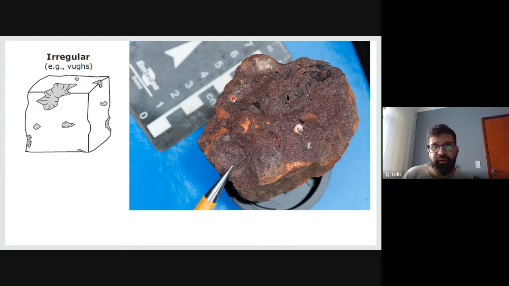Another kind of void that is very important is the irregular void, like these ones. They are formed by weathering, so they are very common in C horizons or horizons that were cemented by iron or calcium carbonate or another cementing agent, and they express incipient weathering, the beginning of weathering in this layer or horizon.